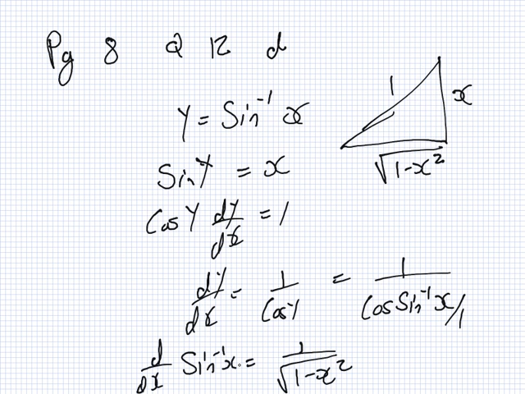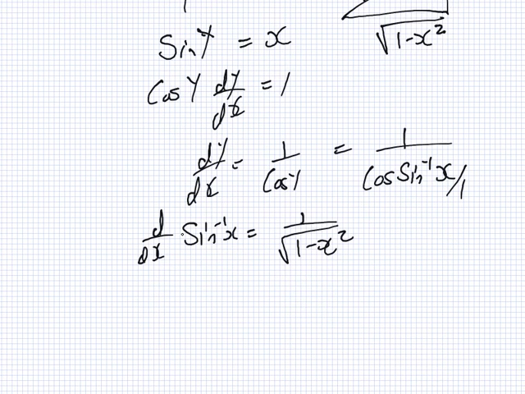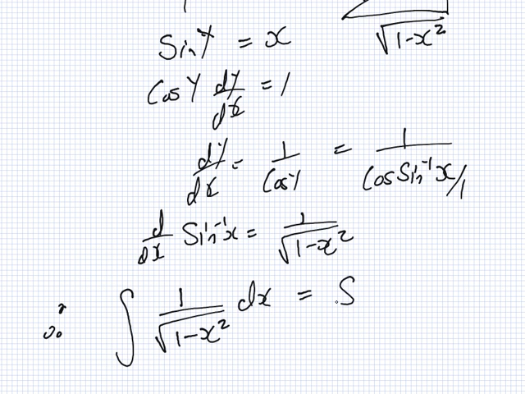So then logically, if the derivative of sine inverse x is this, then the integration of this is sine inverse. So therefore, we can have this rule: the integral of 1 over root 1 minus x squared dx is equal to sine inverse x plus c. I also asked you for tan as well.